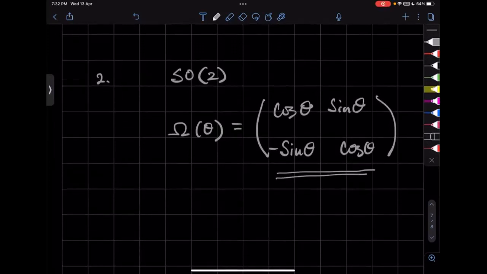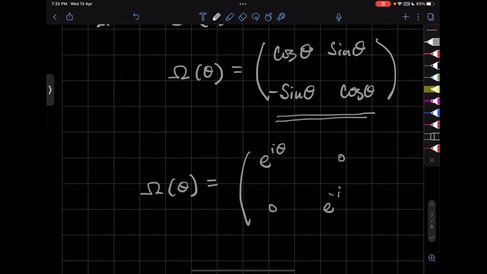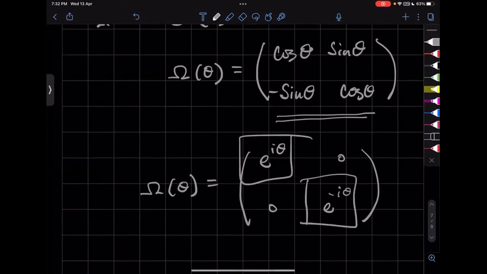And if you allow the fields to be extended to complex numbers, then you can diagonalize these matrices, and they will be given by two irreducible representations, which are one-dimensional. Okay? Okay, any questions so far?